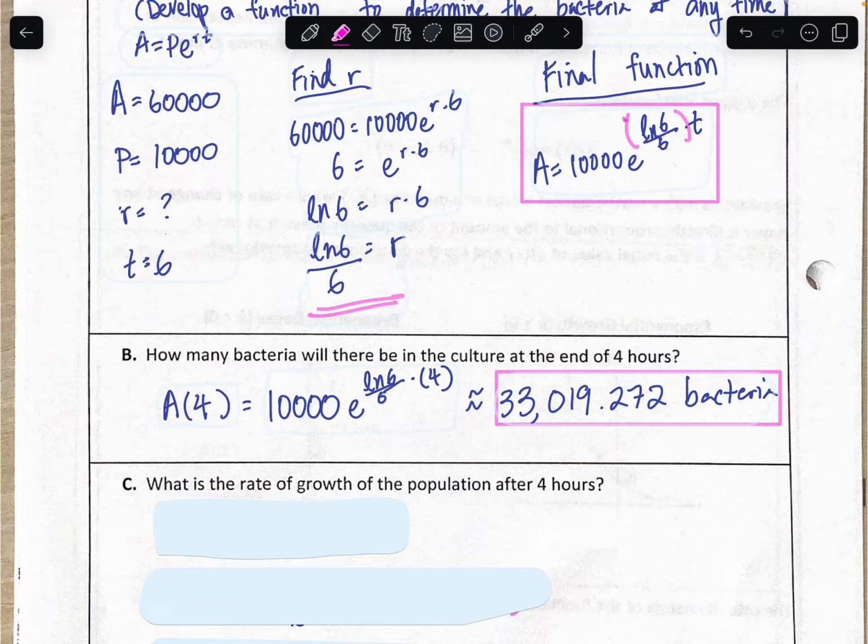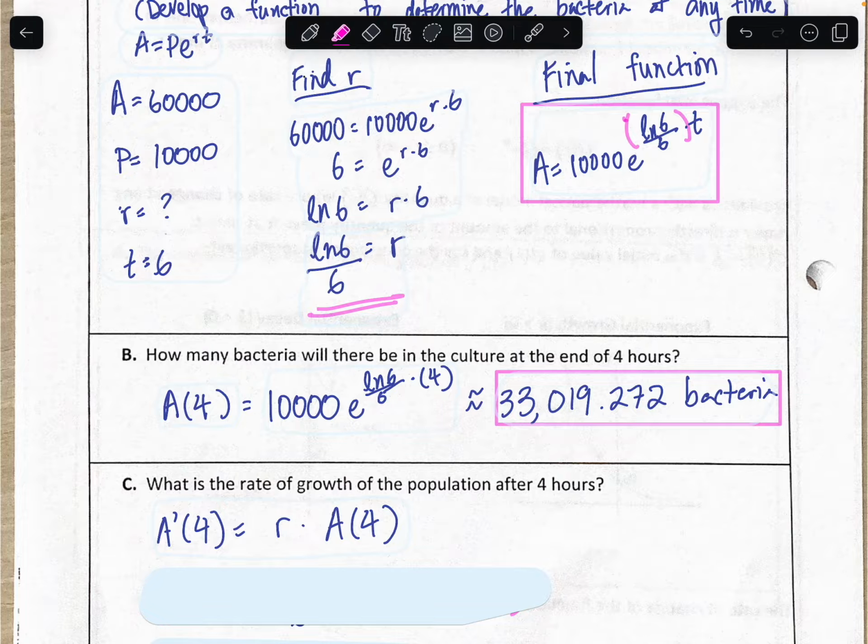Okay. Now for part C, what is the growth rate of the population after 4 hours? So here we are finding the rate of change of our A function. As I referenced before, we're going to use that formula A prime equals r times the A function. And we want to find it after 4 hours, so that's why I'm plugging in 4.